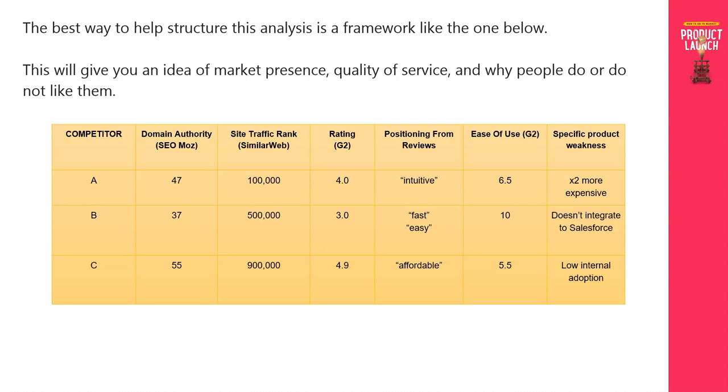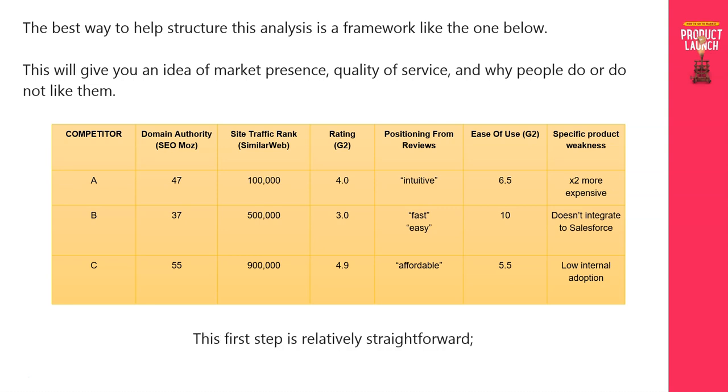Competitor C has a domain authority of 55, site traffic rank of 900,000, rating of 4.9, positioning from reviews, affordable, ease of use 5.5, specific product weakness, low internal adoption.